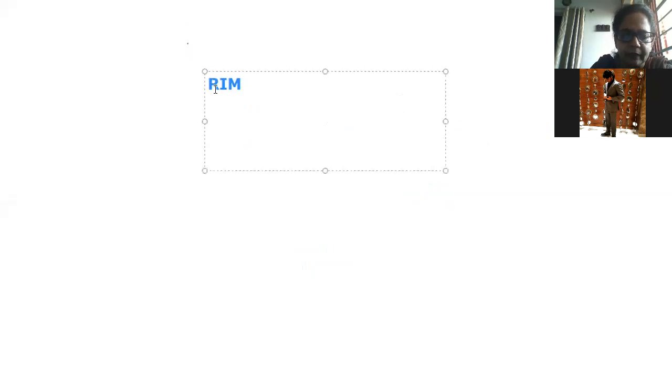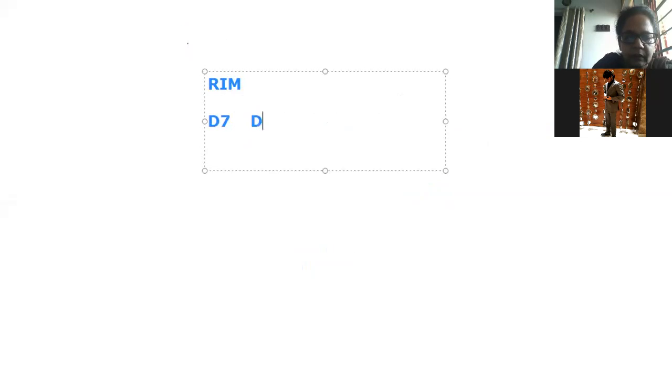Okay, then we will see what the RIM instruction is. The RIM instruction is exactly the opposite of the SIM instruction. What is the full form? Read interrupt mask. That means it is going to read the status of the interrupts. Again, whatever the data is will be in the accumulator.